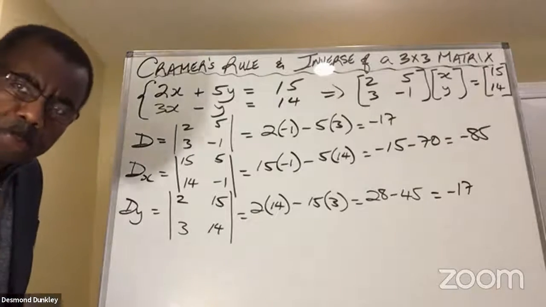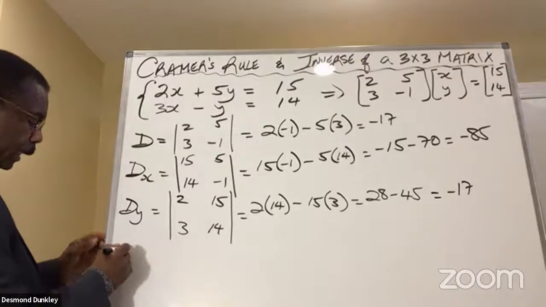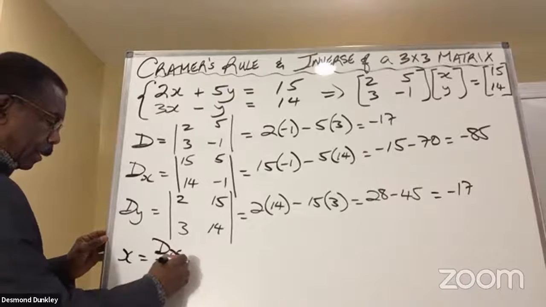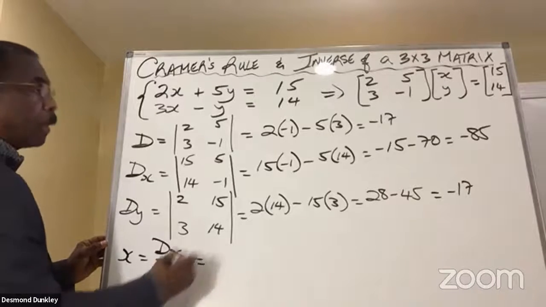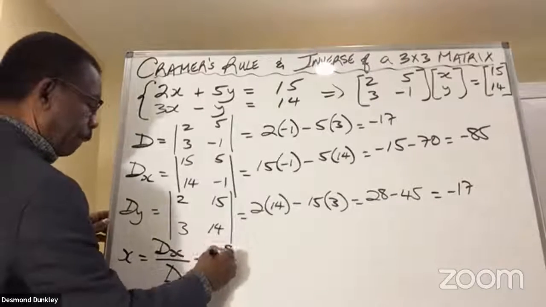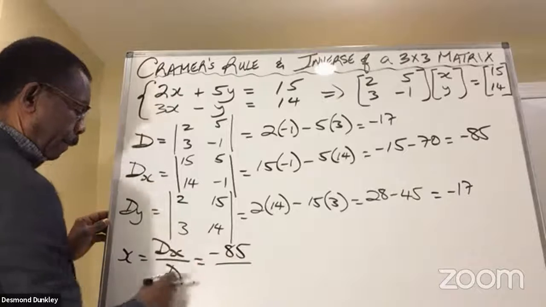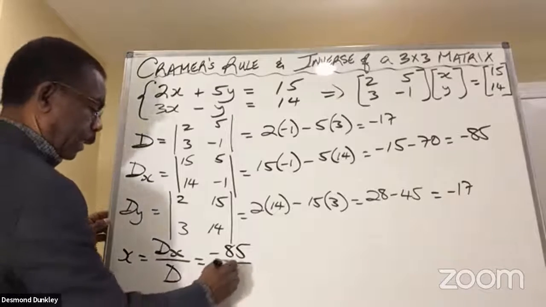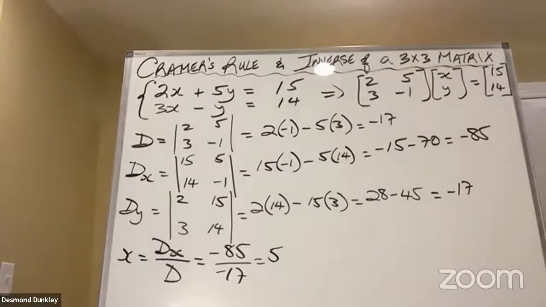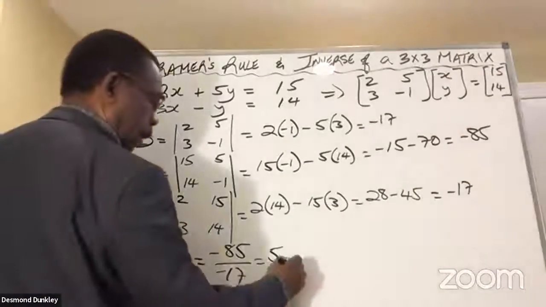And Cramer's rule says x is going to be equal to dx divided by d. What is dx? dx is negative 85 divided by d, which is negative 17. And that's equal to 5. Okay?